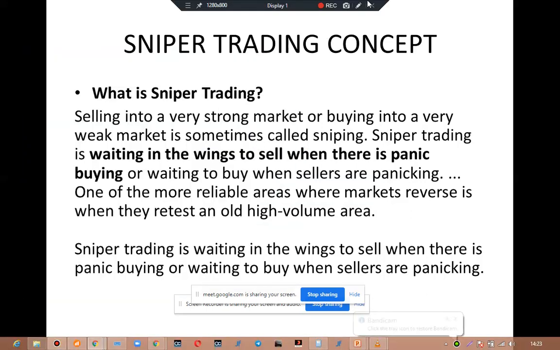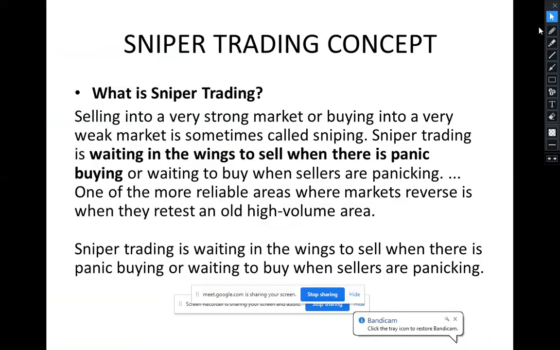So now, what I mean is that one of the more reliable areas where the market reverses is when they retest and hold a high volume area. So the high volume area that has happened in the past, once the market comes back and retests that area, it is very sure the market is going to reverse.